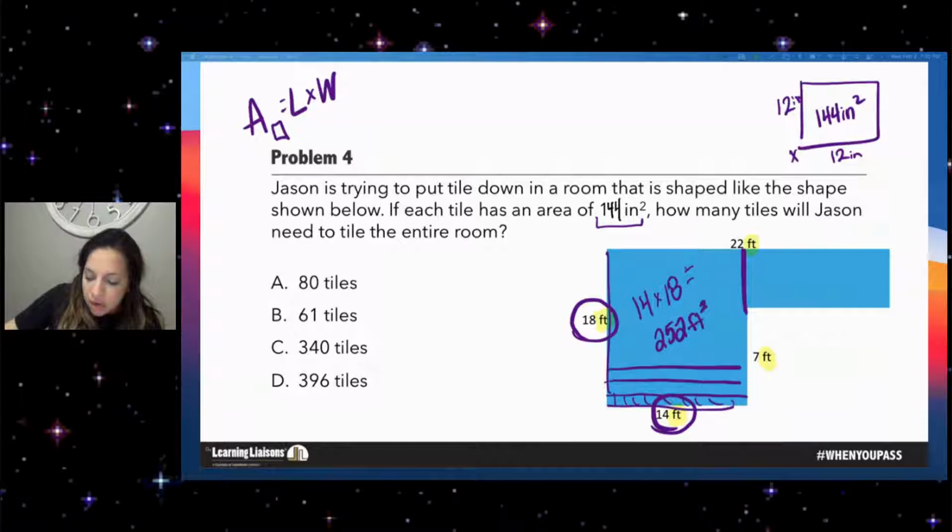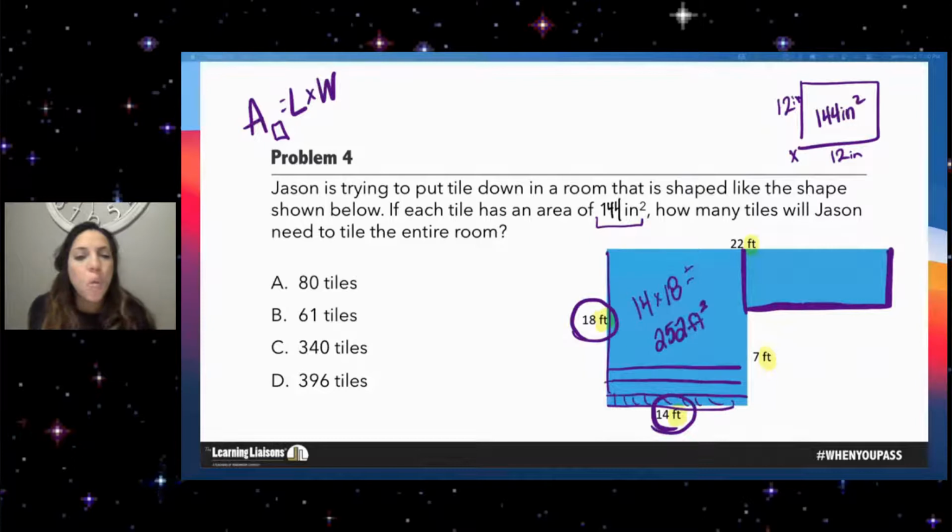Now I'm going to go ahead and do this rectangle. So I need to know the dimensions of this side and the dimensions of this side because they didn't give us either of those. What did they give us that we haven't used yet, though? They gave us this 22.